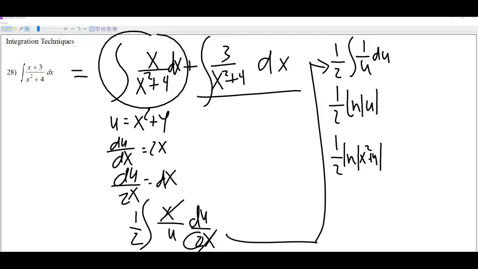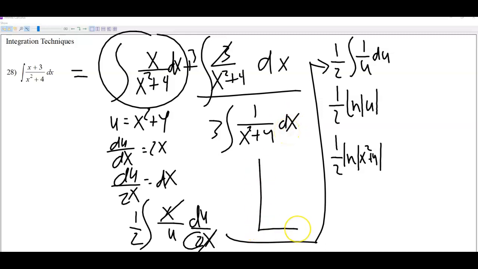All right. So for this one, u substitution won't work. But if I take this 3 and move it out to the front, it does make a pretty sweet little arctangent problem. So with arctangent, I really don't need to have any other work to show. I can just kind of skip right down to it.